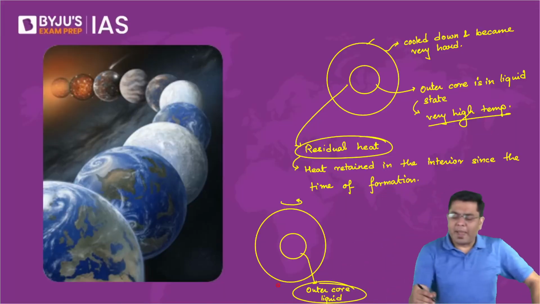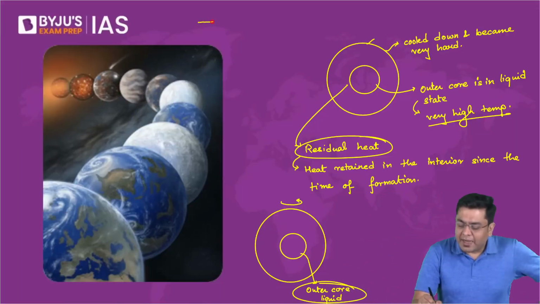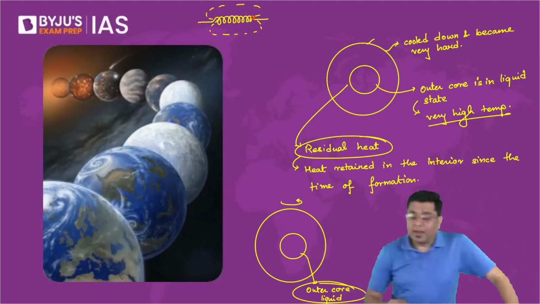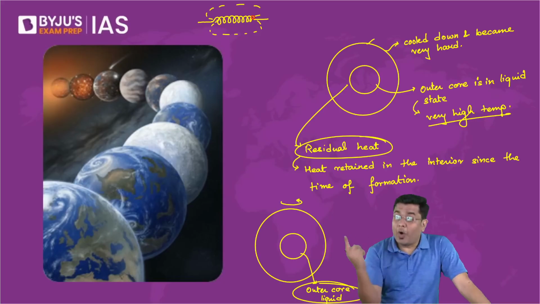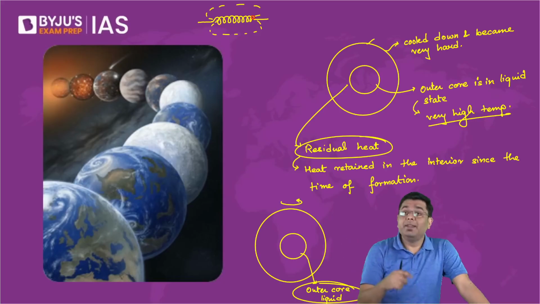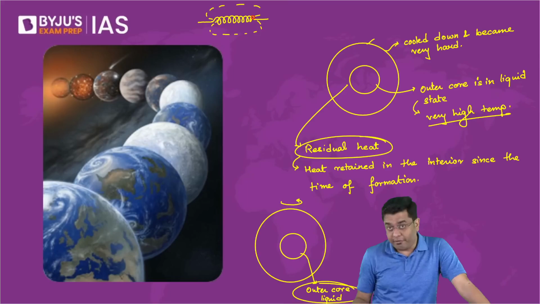Or in electromagnetism, you would have studied that when electricity passes through a coiled structure like this, it is enough to produce a magnetic field, isn't it? Similarly, just as iron and nickel keep on rotating along with the planet, that produces a magnetic field.